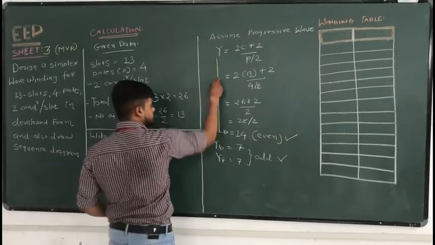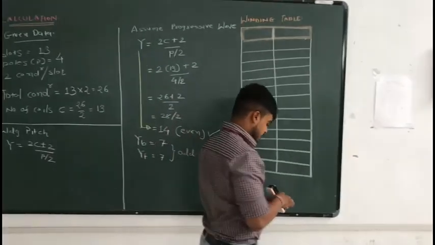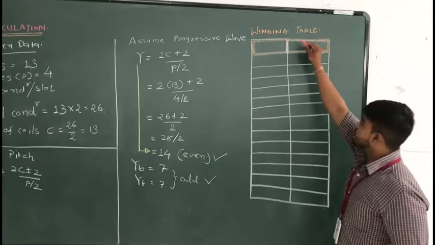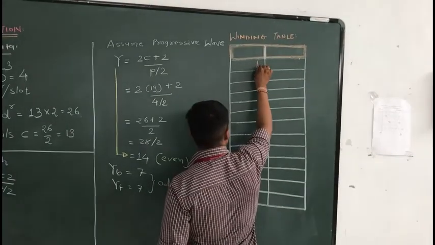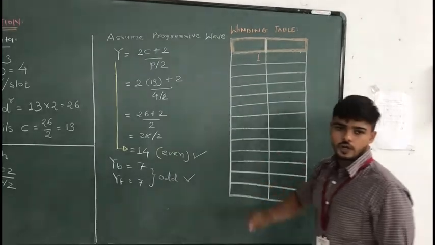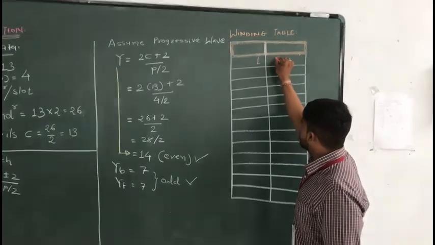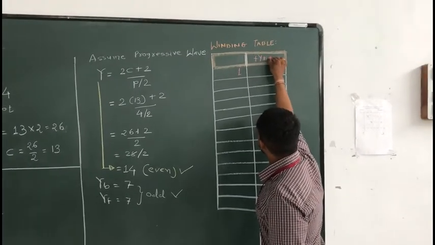From these three values, now I will draw the winding table. We know that the winding table always starts from 1. From this column to this column we have to add the pitch value.